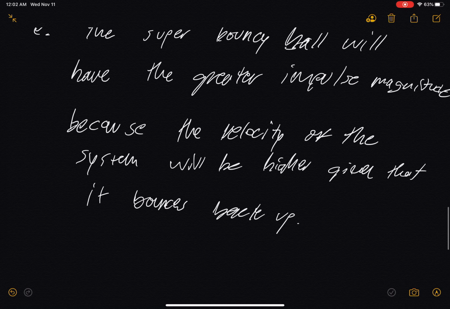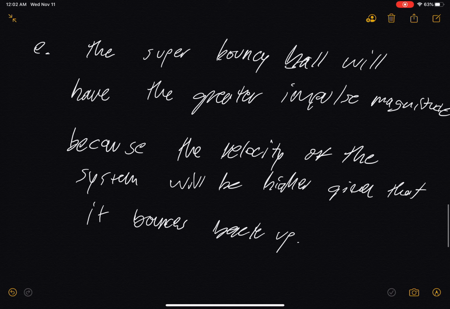And finally, E is asking which object of equal mass experiences a greater magnitude impulse after interacting with the ground, the super bouncy ball or the clay ball? Naturally, the super bouncy ball will have the greater impulse magnitude because the change in velocity of the system will be higher given that it bounces back up.